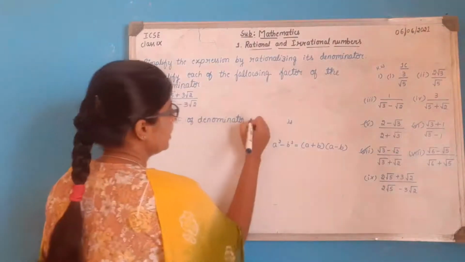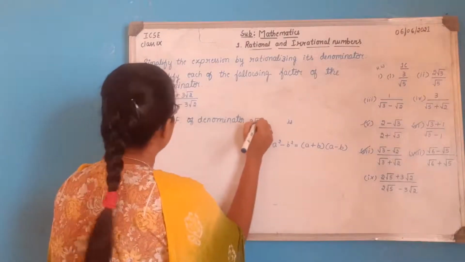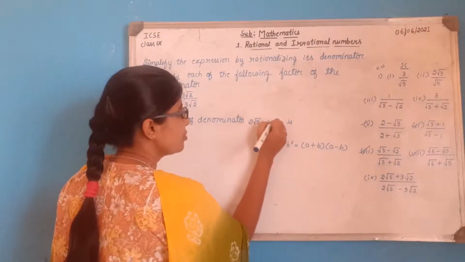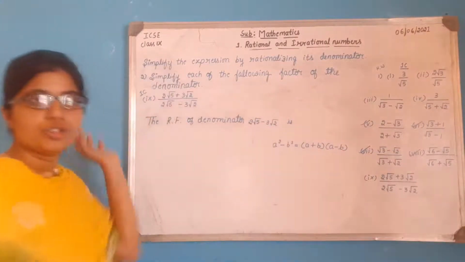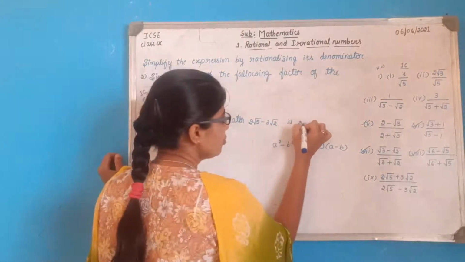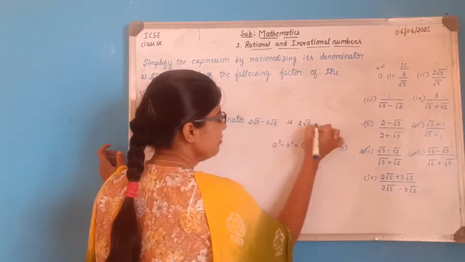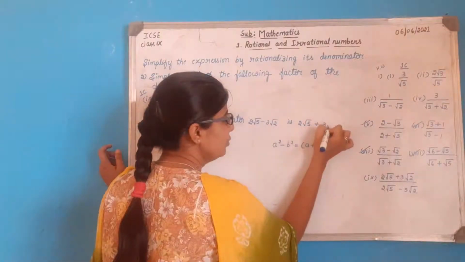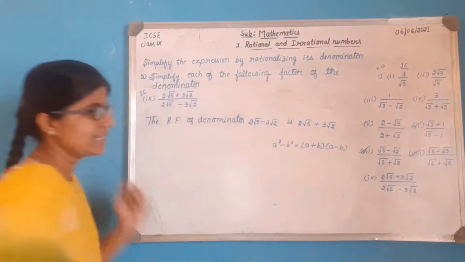What is the denominator here? 2√5 minus 3√2 is the denominator. So note down the rationalizing factor for this: that is 2√5, and the minus becomes plus, plus 3√2.